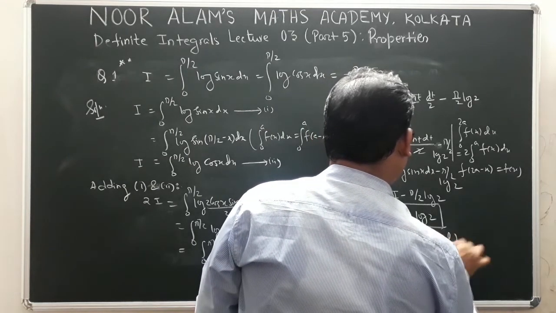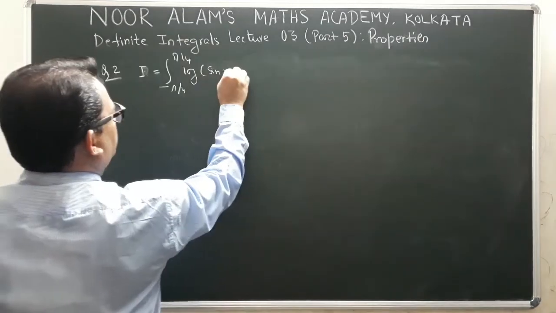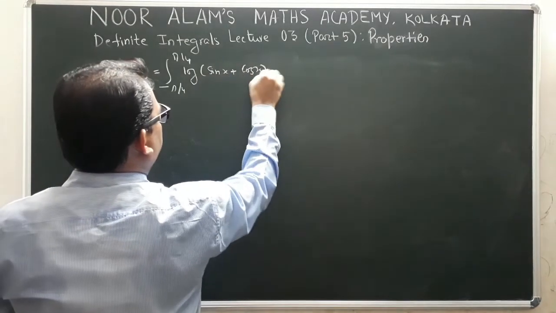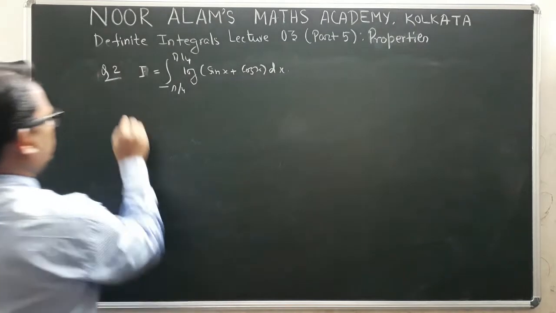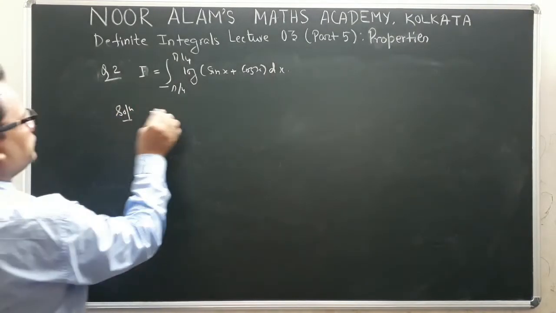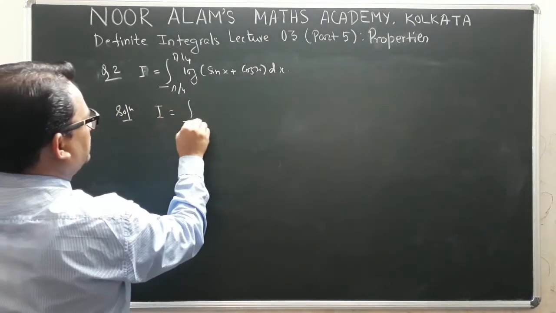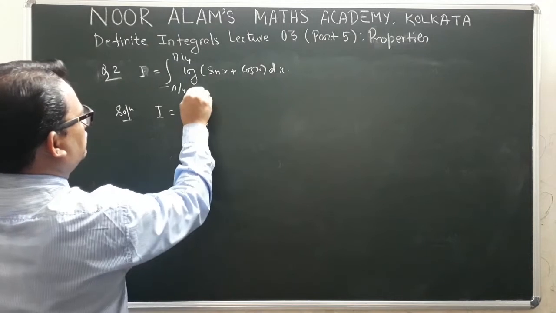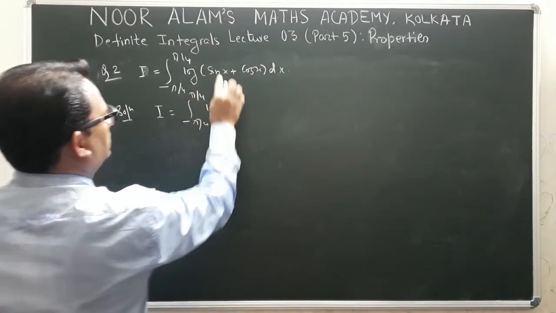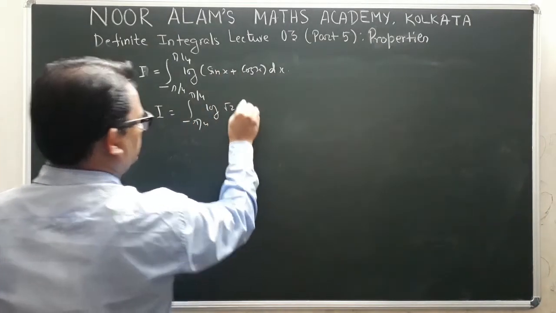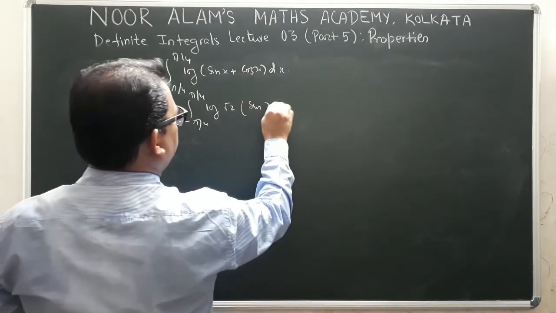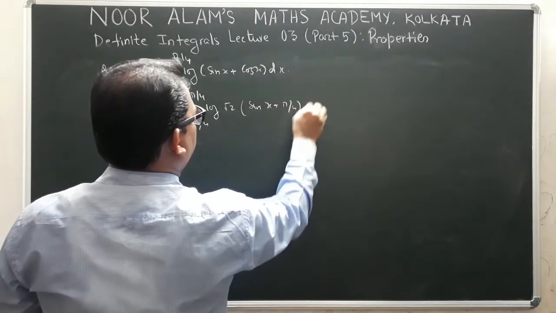Now we go for the next problem, the integral of log of sin x plus cos x dx. Now how can we solve this question? Solution. Now the I value is the integral from minus pi by 4 to pi by 4 of log of, and this value can be written as root 2 sine of x plus pi by 4 dx.